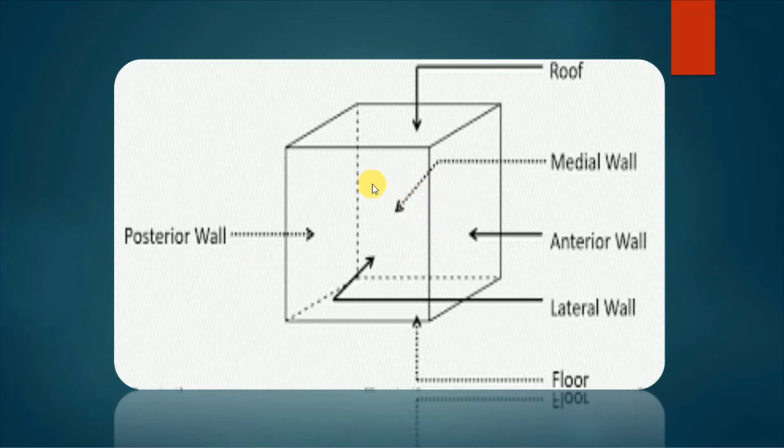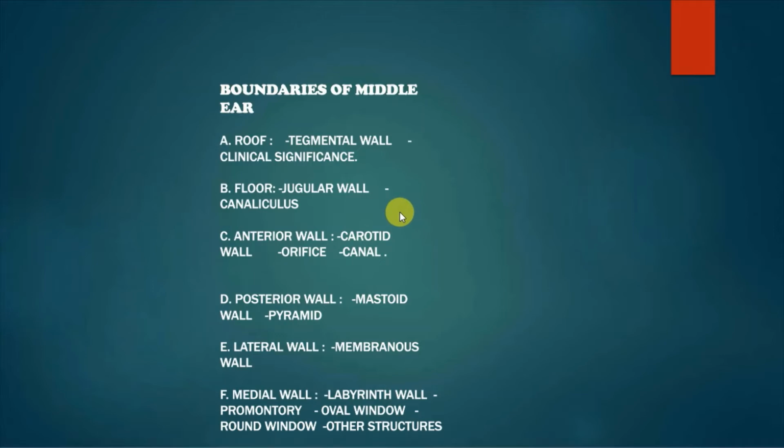It has a structure in the center called the promontory. Now what is the promontory? The promontory is a bony bulge. Why is it formed? Because behind this wall is the cochlea, which is rotating and looks like a snail's shell. Due to the round basal turns of the cochlea, we get this bony bulge called the promontory.